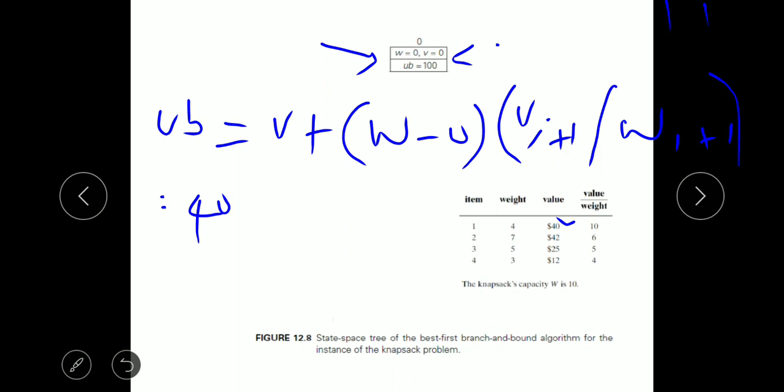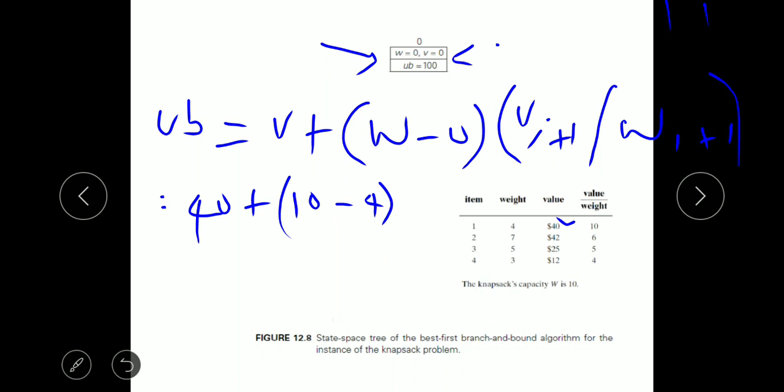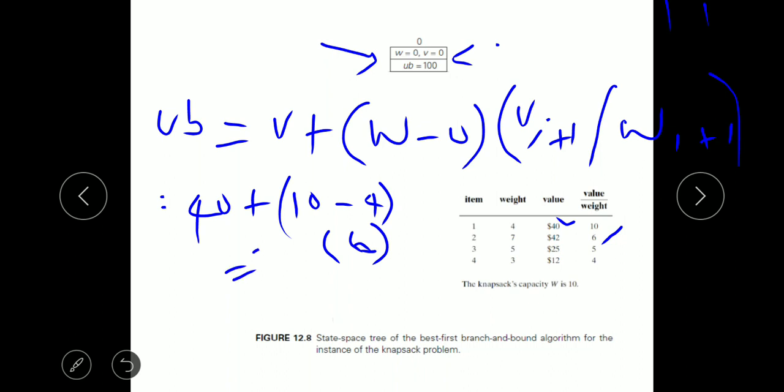So it is 40 plus the capacity of the knapsack, which is 10, minus the weight of the first object, which is 4, into the payoff of the next object, which is 6. So 40 plus 36 is equal to 76.